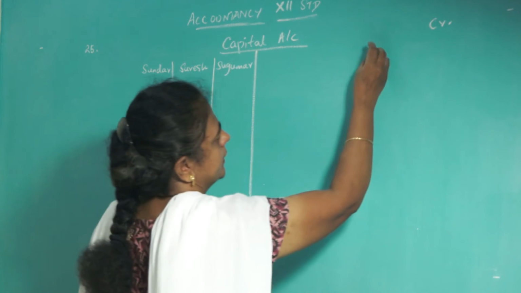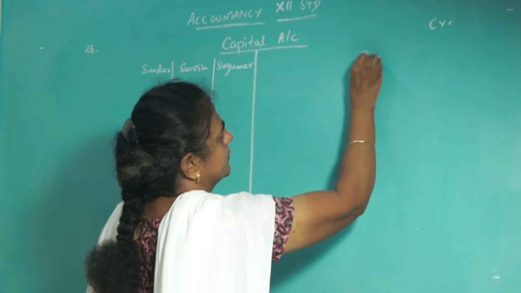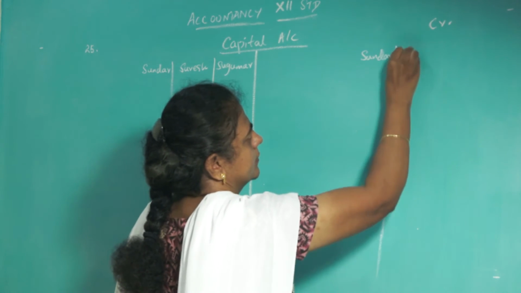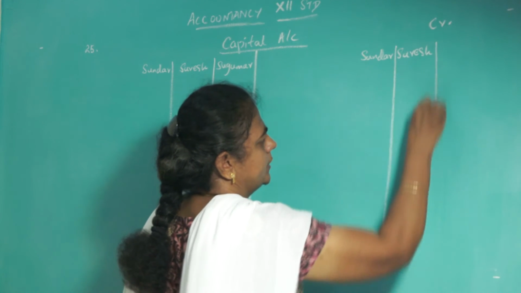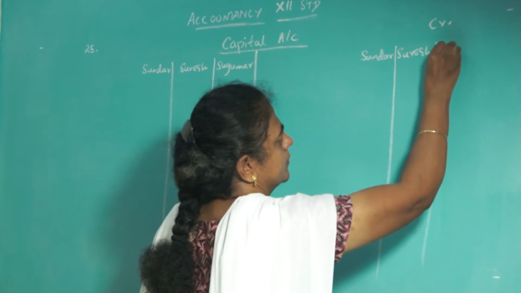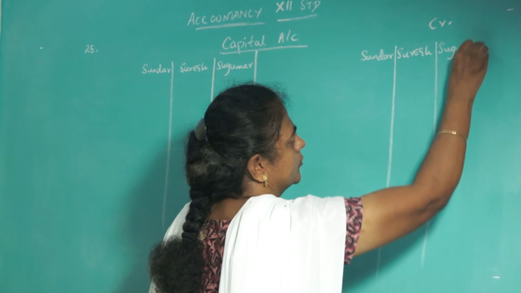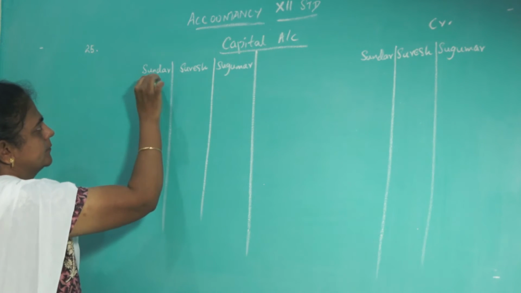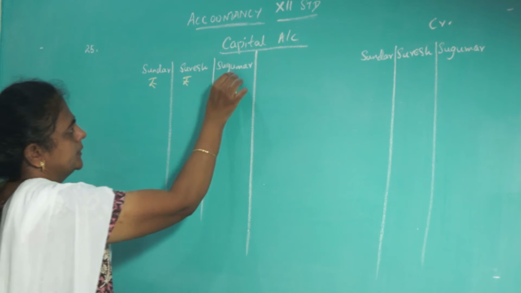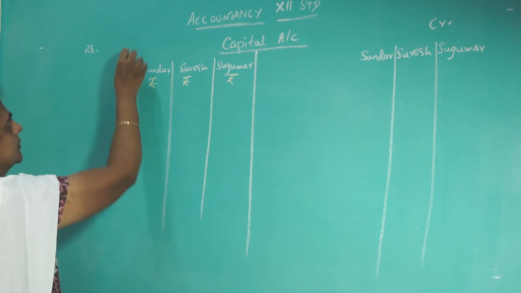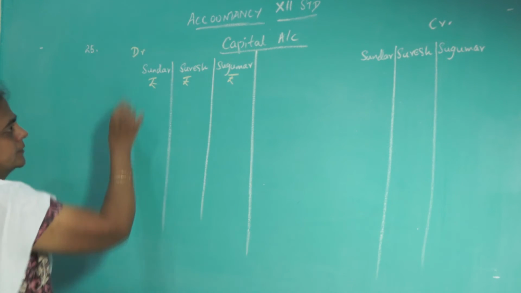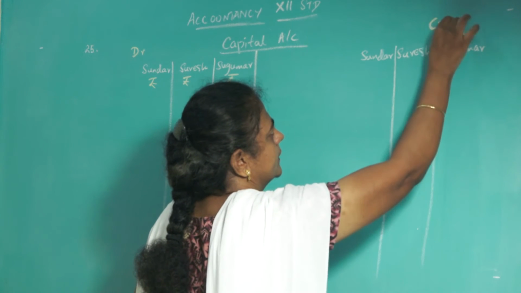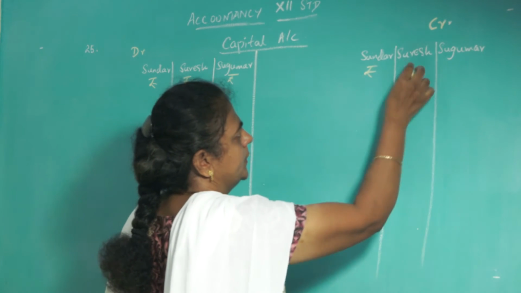Here also you write Sundar, Suresh, Sukumar. Three partners. Rupees, debit, credit, rupees.